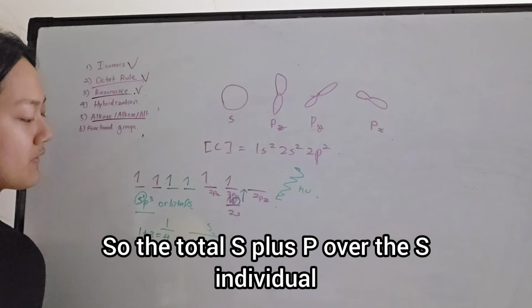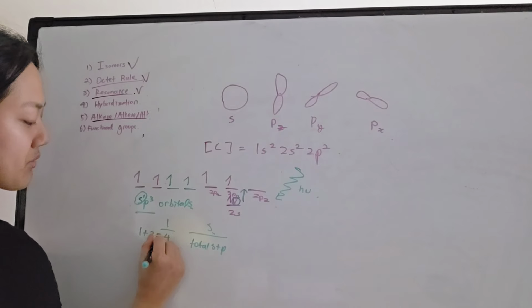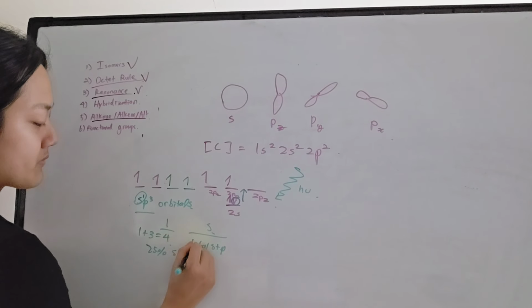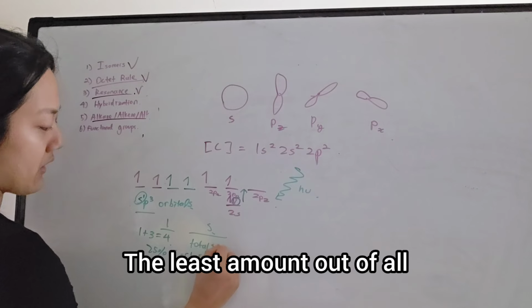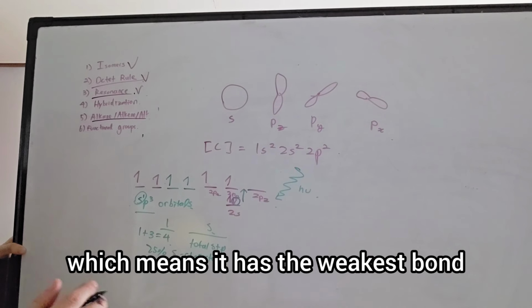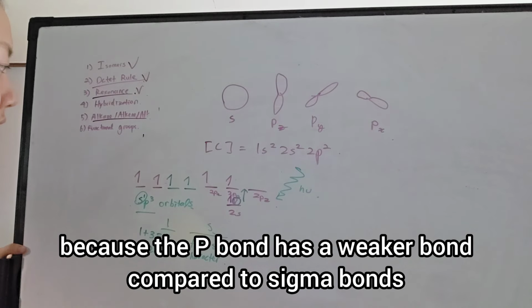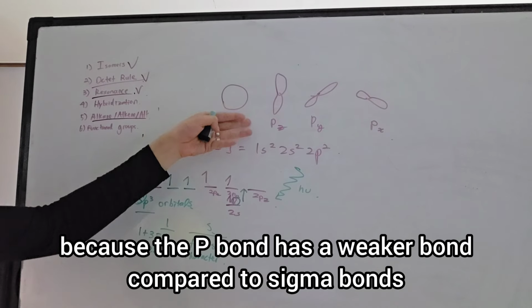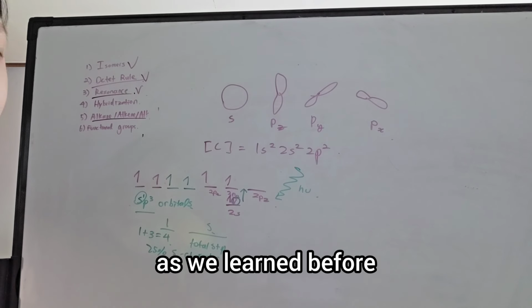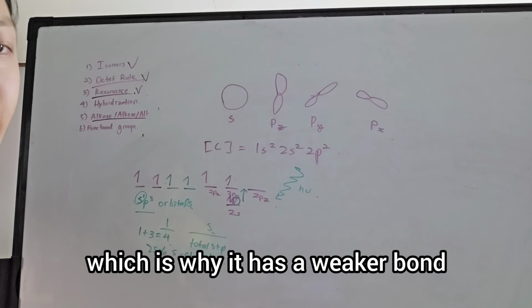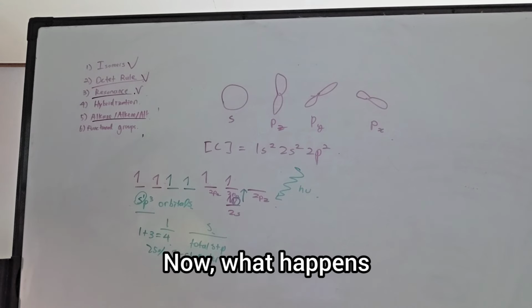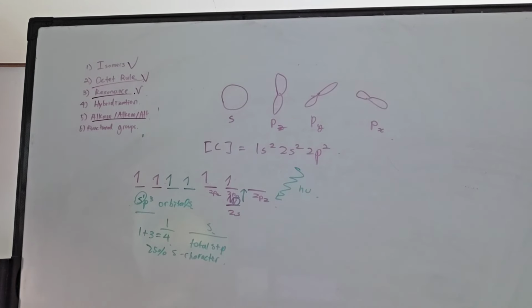And that's going to be 25% s character. The least amount out of all, which means it has the weakest bond. Because the p bond has a weaker bond compared to sigma bonds, as we learned before, which is why it has a weaker bond.